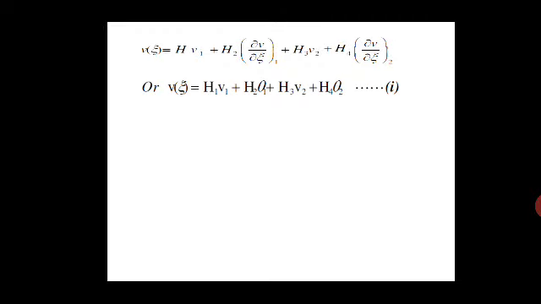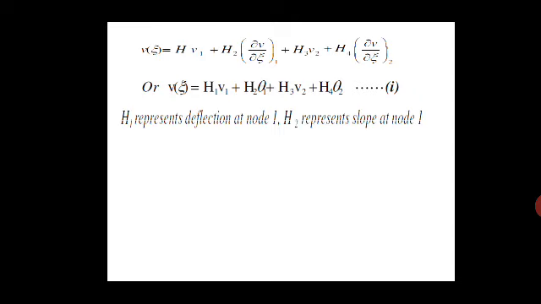That is what we have written here. v(zeta) = h1 v1 + h2 theta1 for the first node, and for the second node we have h3 v2 + h4 theta2. Consider the above equation as equation 1, where h1 represents the deflection at node 1 and h2 represents the slope at node 1. h3 represents the deflection at node 2 and h4 represents the slope at node 2.